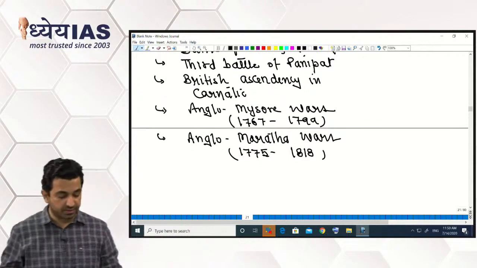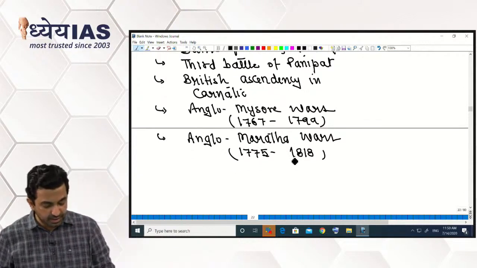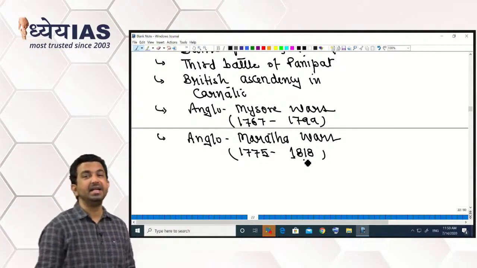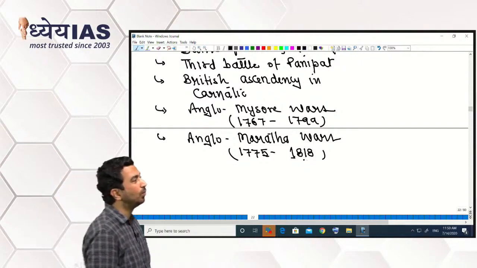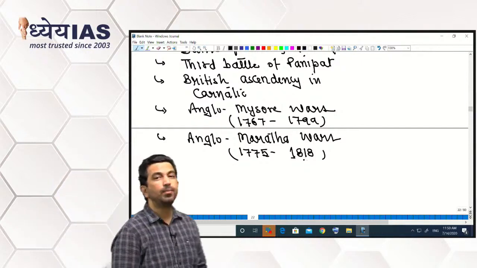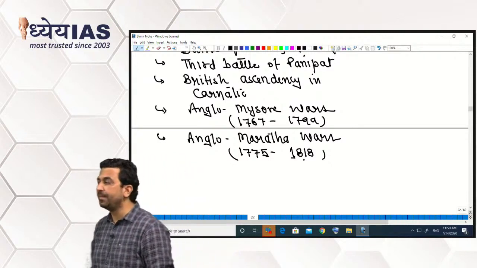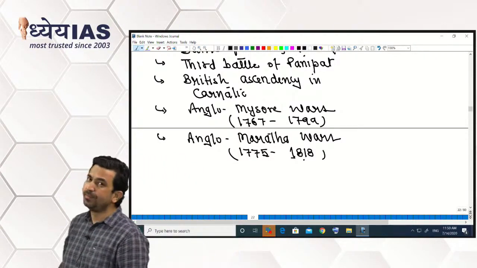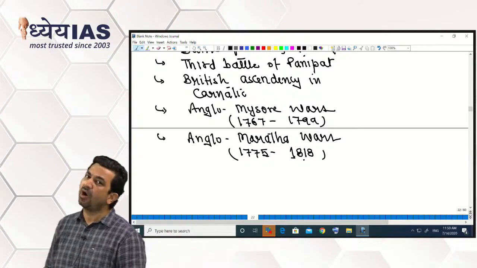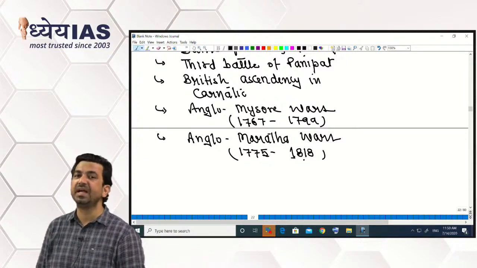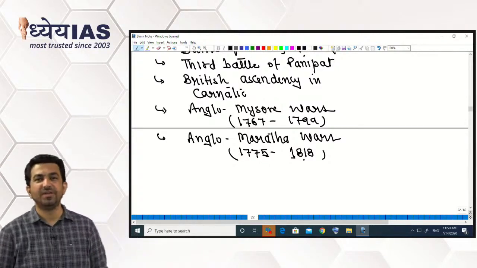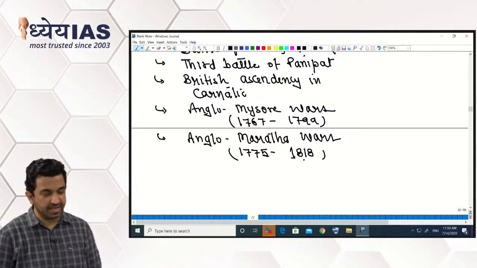Eventually, in 1818, all the Maratha nobles and kingdoms were uprooted and eliminated, and they became an integral part of British India territory, or they had to sign the subsidiary alliance, a mechanism developed by the Britishers in India.